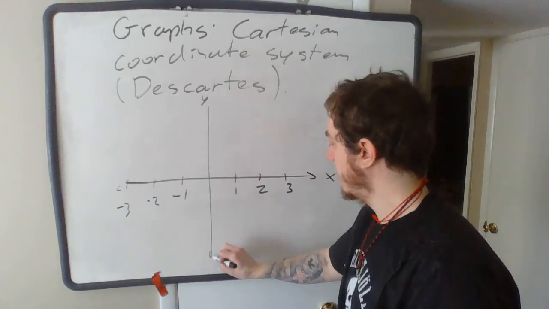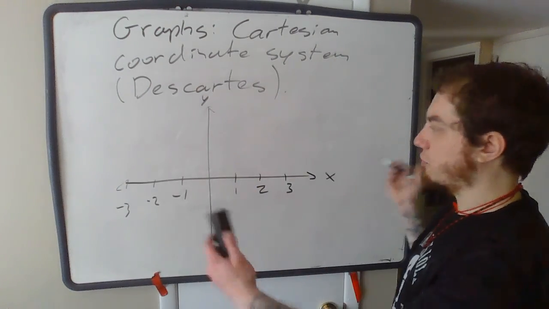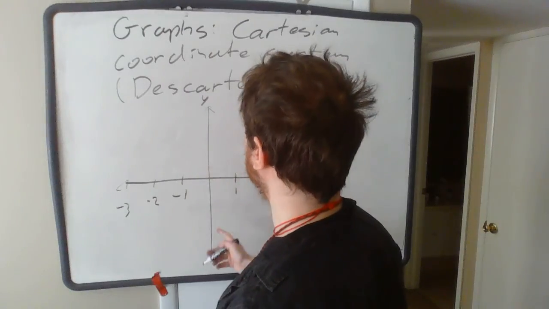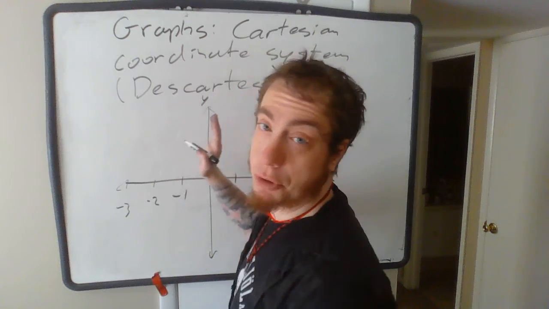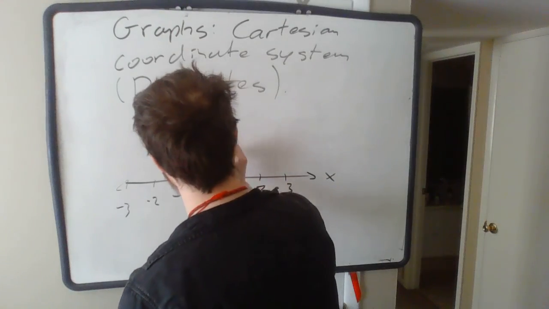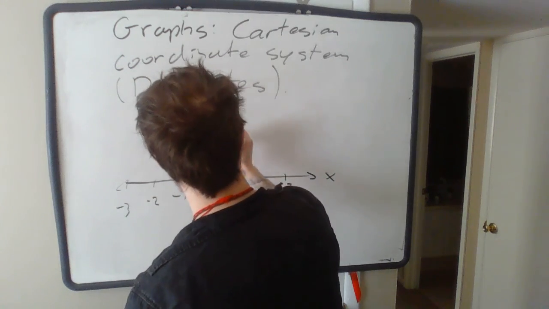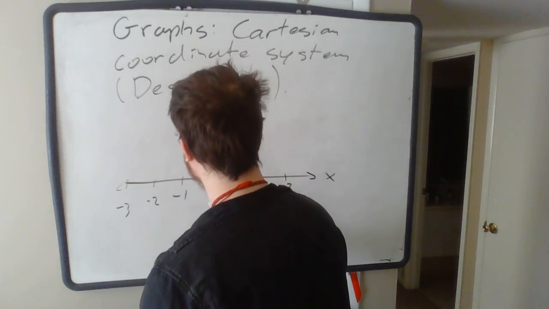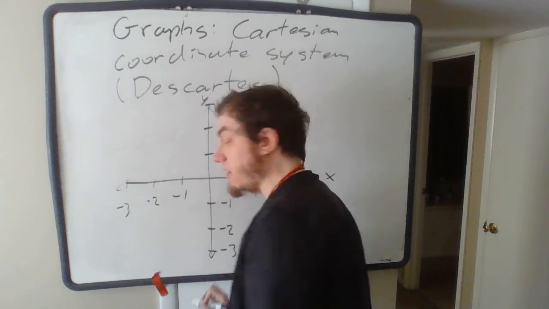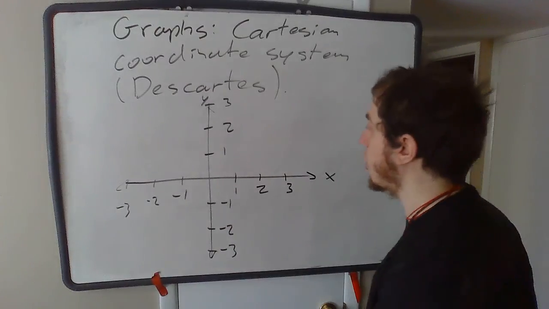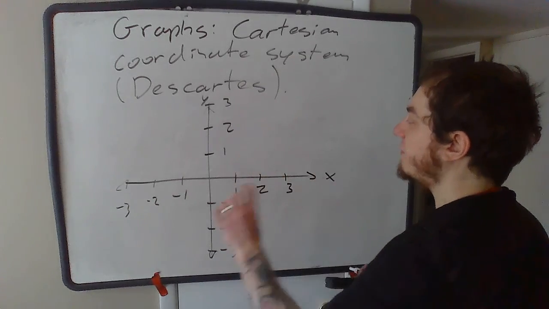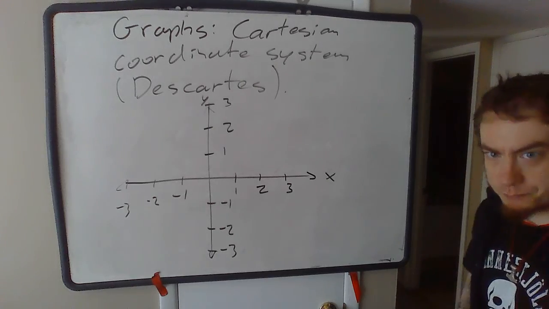Of course, that's going to go off in both directions forever, but I'm not going to be able to draw much more here. The Y direction, the one that I've labeled with a Y, is going to count upwards: 1, 2, 3 as I go up, and then -1, -2, -3 as I go down. Okay, so two number lines that we place in the plane, and they have to be perpendicular to each other.